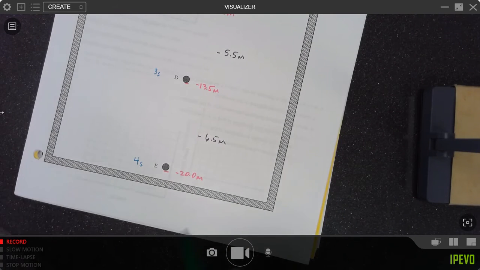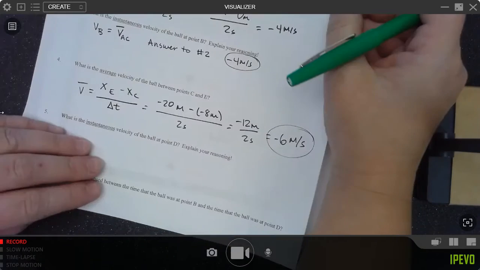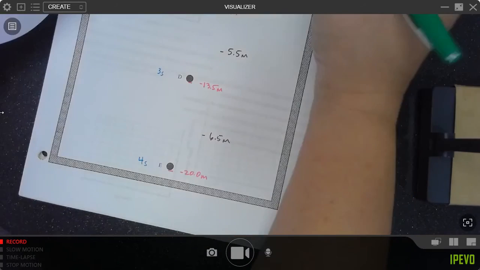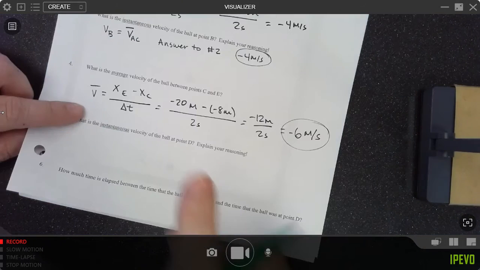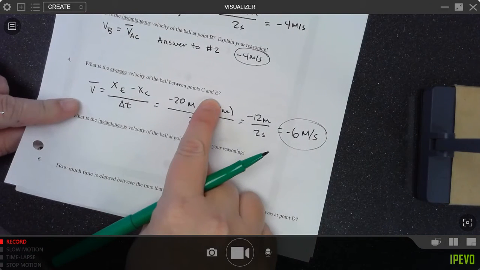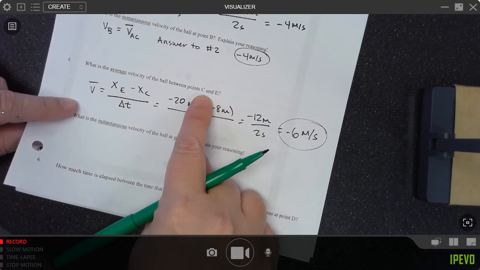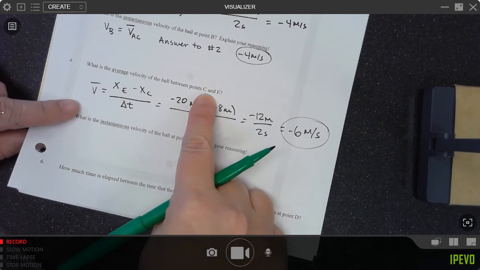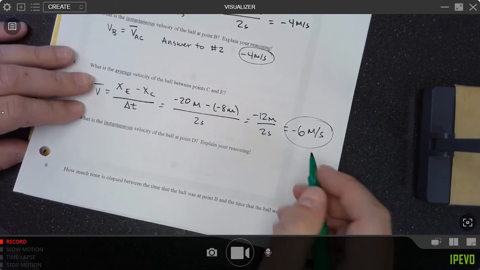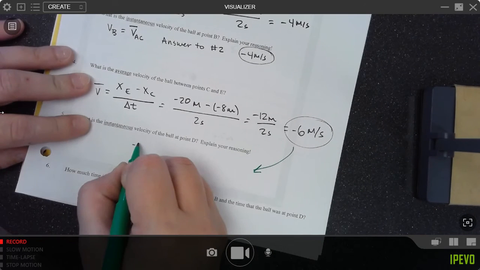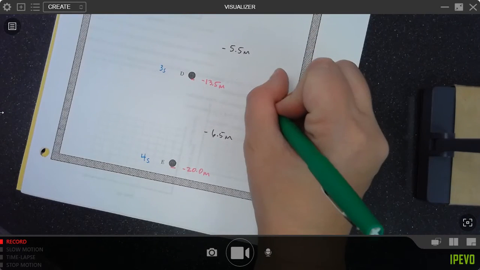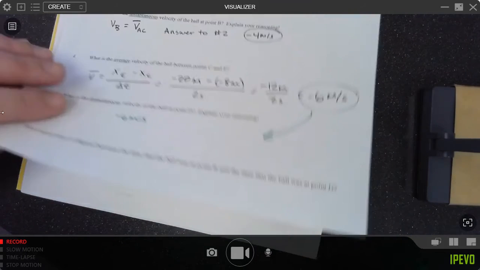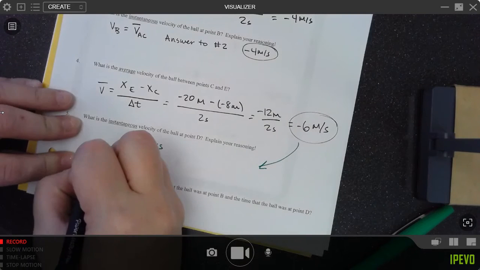Check this out too. We know our instantaneous velocity at B is minus 4 meters per second. We know that our average velocity between C and E is going to be the instantaneous velocity at their midpoint. So that's going to be this guy right here. Write that down there.